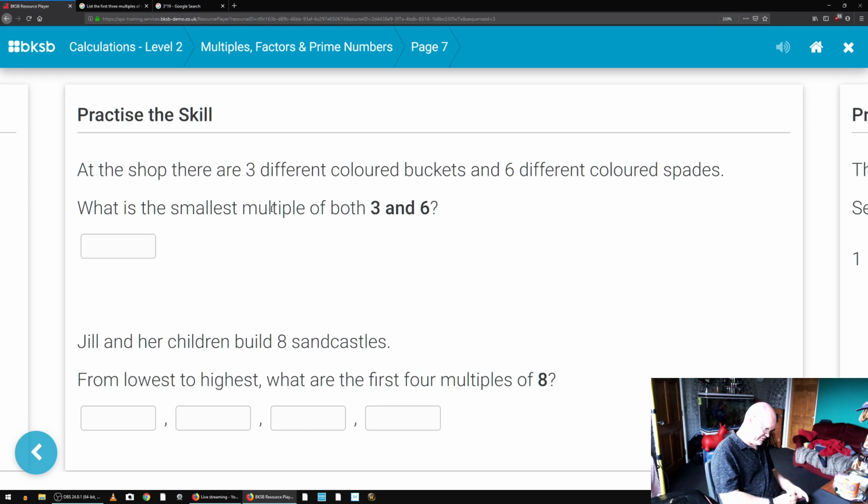And then we do the 6 times table, so it's 6, 12, 18, 20. So I've got 24 there. And they've got to be multiples of, so 3 times 3 would be 9, and that doesn't come up.